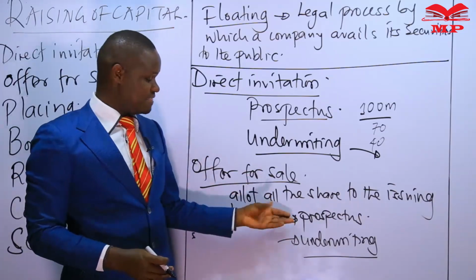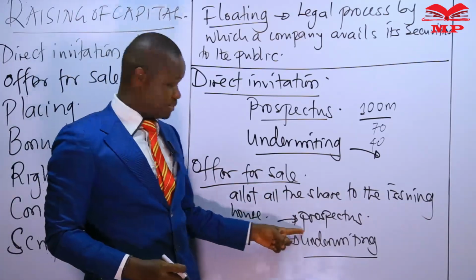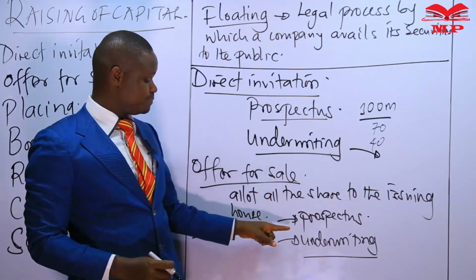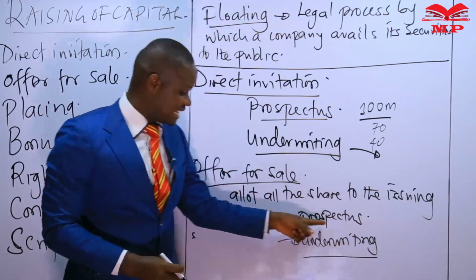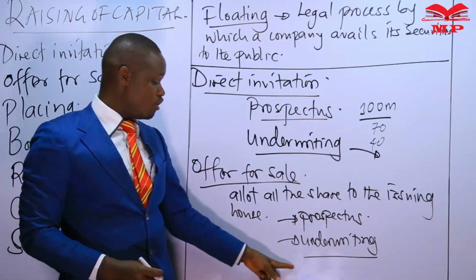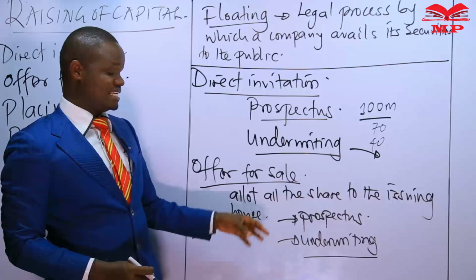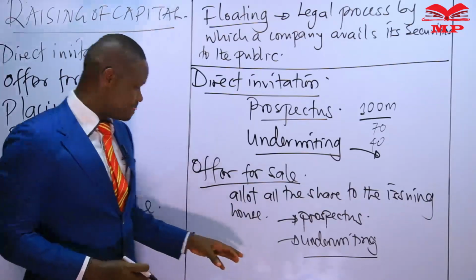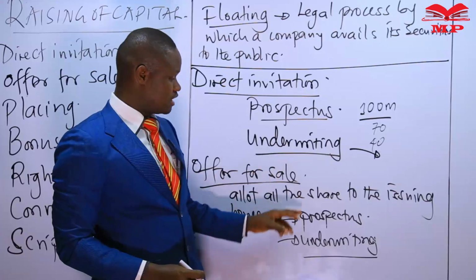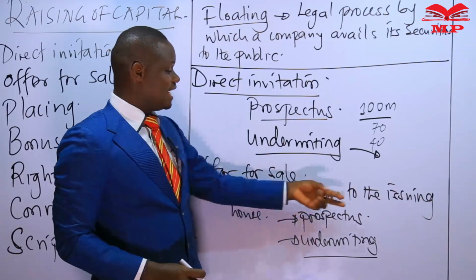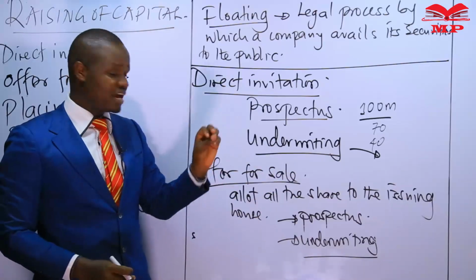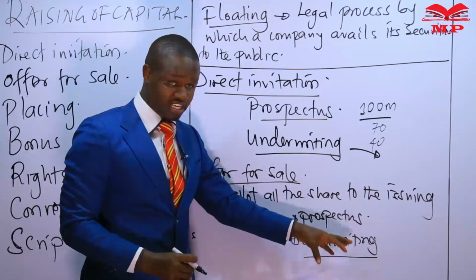It is the second company that now takes up the responsibility of preparing prospectuses on behalf of the company that wishes to raise capital. If underwriting is necessary, it is the second company that also takes up the responsibility of ensuring that the issue is underwritten by an underwriter. So that when we now have applications made for shares of this company, then the issuing house will be renouncing their allotment in favor of any applicants who apply for these shares.